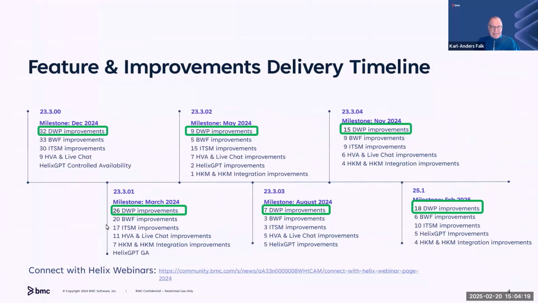Since 23.3, I think most of you are on 23.3 now, one of the patch releases. If you summarize here, it's around 100 features, and with this one, we are above 100 features since these releases. It's quite amazing.